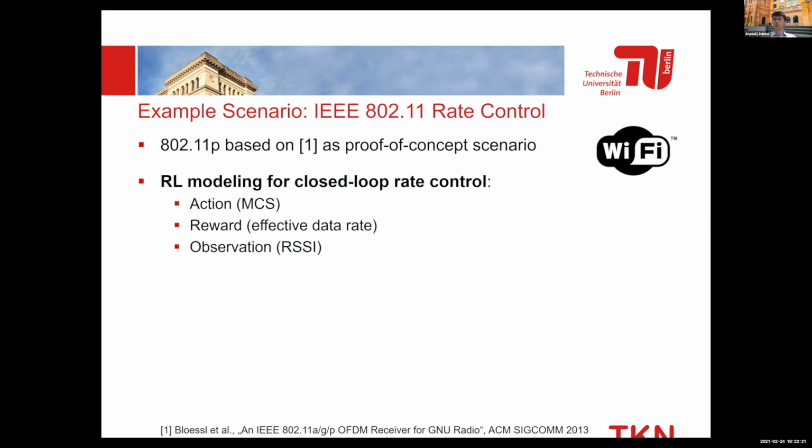So we want to design a reinforcement learning agent which, based on the observation of the channel quality, the RSSI, makes the correct decisions on the modulation coding scheme to be used for the next packets. So if the quality of the channel is good, it will use high MCS. If it's bad, low MCS. And the reward, you need to somehow define the reward. It's the effective data rate. It's the number of successful bits transmitted in the last step.